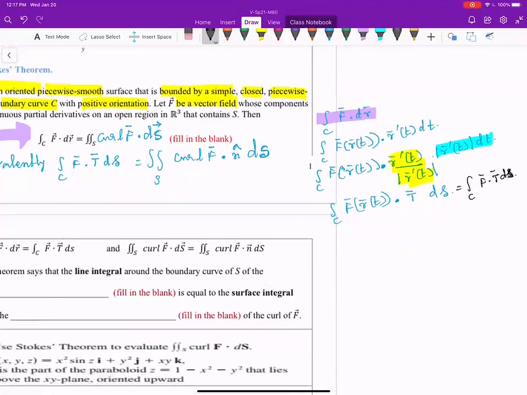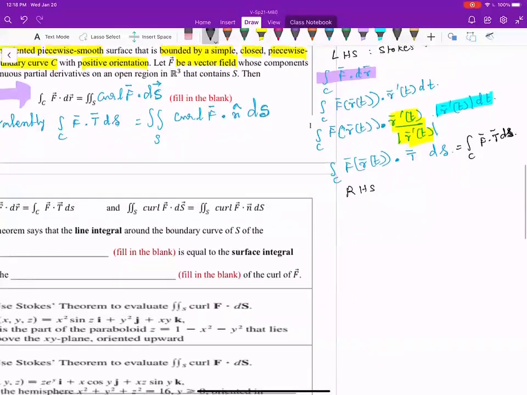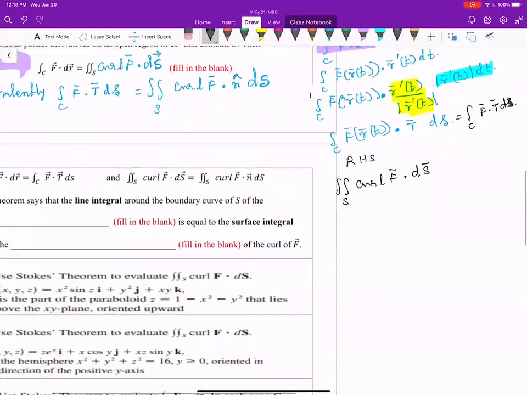Same way, the right hand side of Stokes' theorem, which is the double integral over S of curl F dot dS, uppercase S, we can write that as, from what we did on the surface integral, curl F dot, we know that the surface area element can be written as Ru cross Rv, provided you have the parametric representation of the surface.